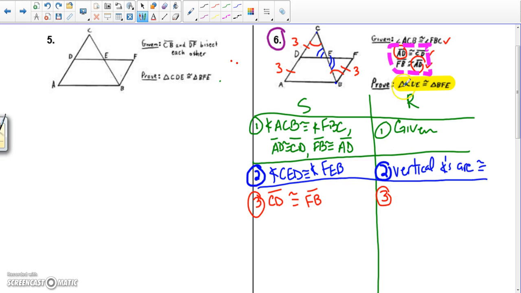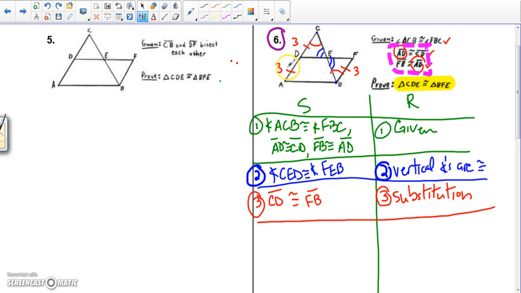Since these are all congruent to the same thing, CD is congruent to AD, and FB is congruent to AD, that means CD is congruent to FB because of substitution. And once again, that's why you mark your picture. I've been saying there's a couple different ways for the substitution.